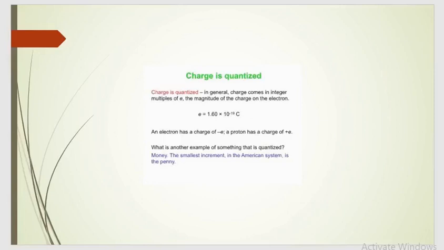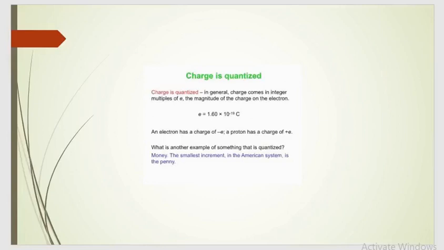Charge on an object can be increased or decreased in multiples of e only. It is because during the charging process, an integral number of electrons can be transferred from one body to another. This is known as quantization of charge.